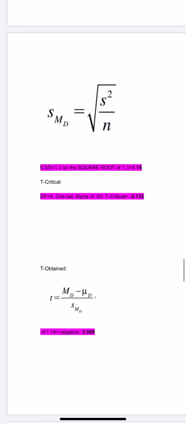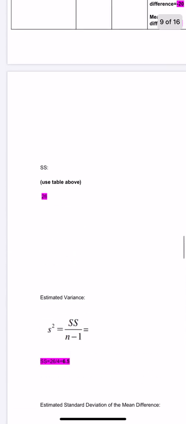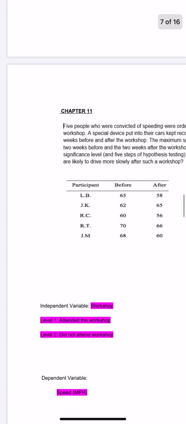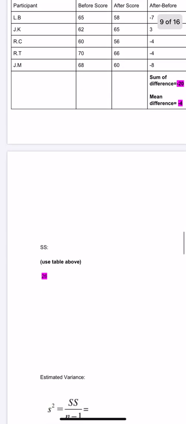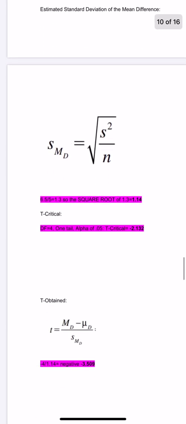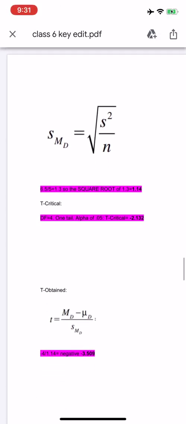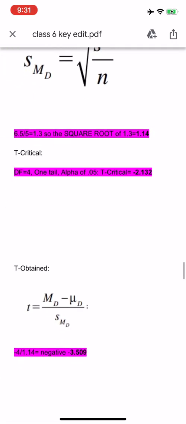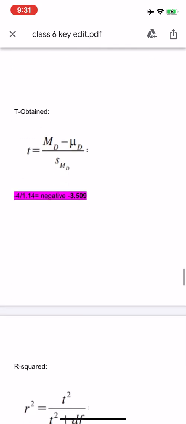Let's check. Our obtained is negative 3.509, and our critical value is negative 2.132. Negative 3.509 is more extreme of a score than negative 2.132.